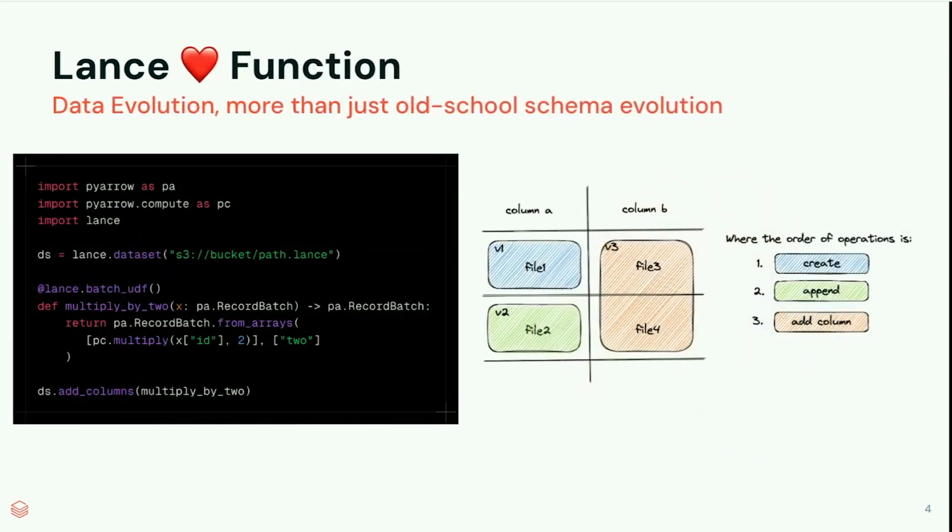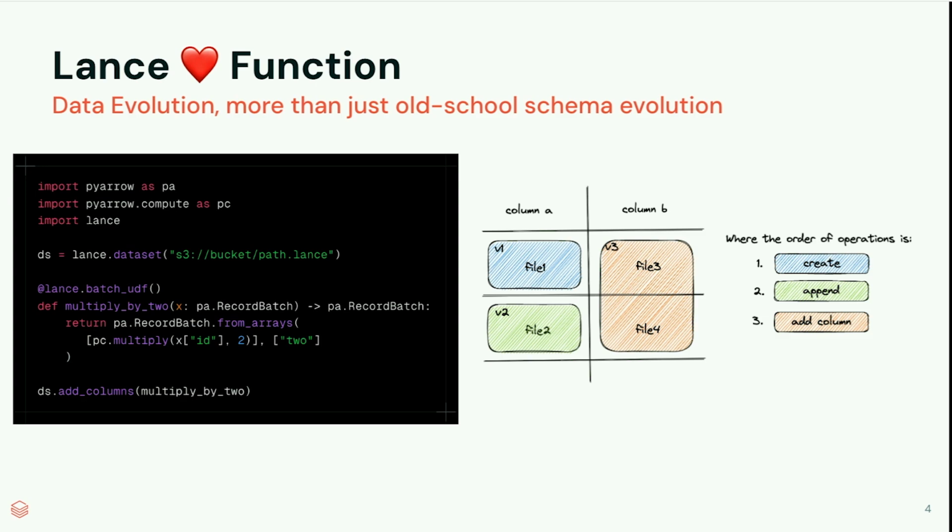Compared to Iceberg, we have many functions that Iceberg already has, like versioning and schema evolution. But we are not just dealing with old-school schema evolution. What we support is called functions. You can take a column and define your own function, what transformation you want to apply on top of that column to generate another column.